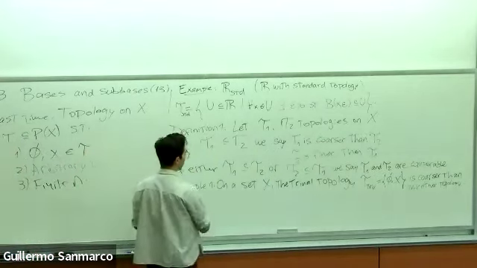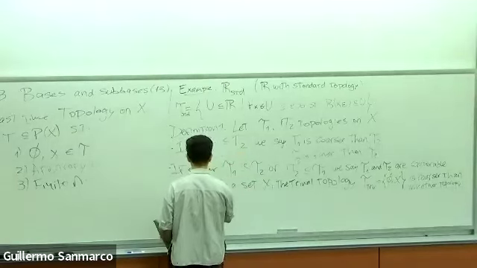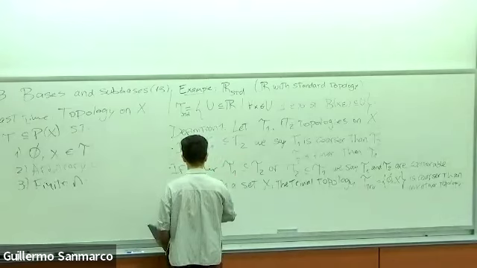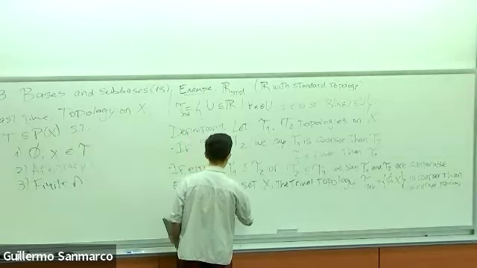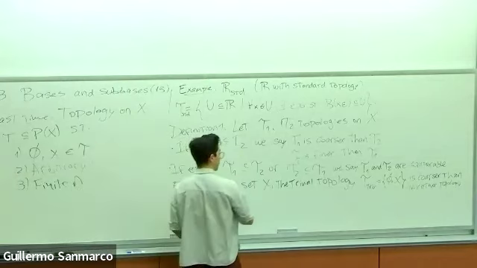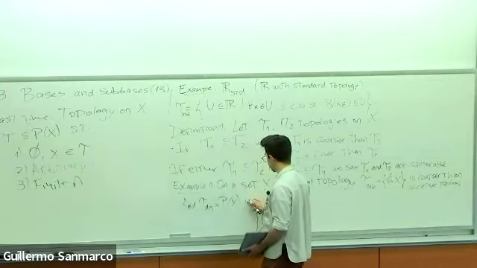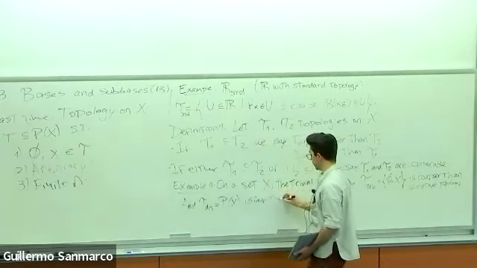And then, of course, the discrete topology on the set, tau discrete, which is the entire power set, is finer than everything else. So it's finer than any other.